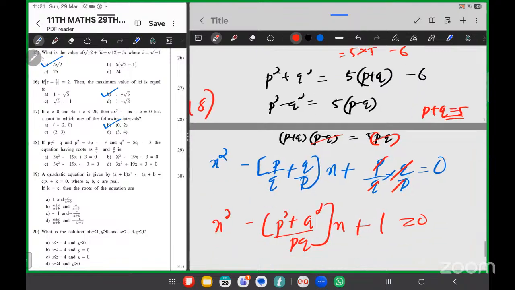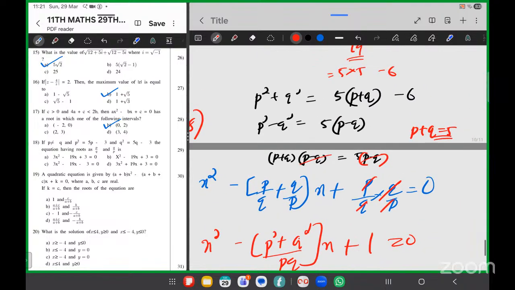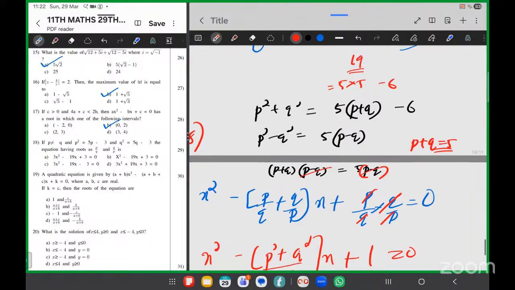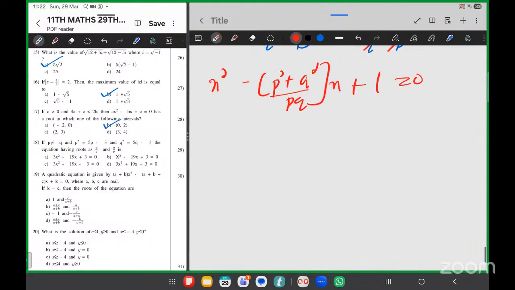So P square plus Q square, I can write it as 19. P plus Q equal to 5. Still we need the value of PQ. So x square minus 19x divided by PQ plus 1 equal to 0.